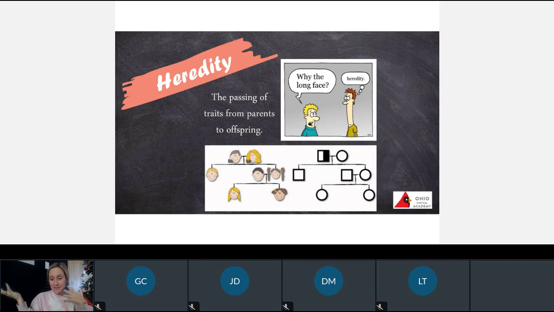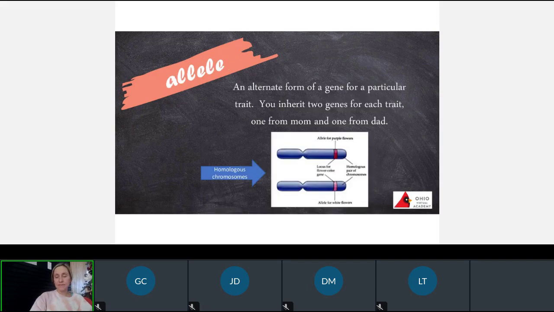Other living things. Good. Living things come from other living things, and the way they do that is through heredity. Awesome job, Lizzie. So again, you could put heredity on the front, and the passing of traits from parents to offspring on the back of that card.